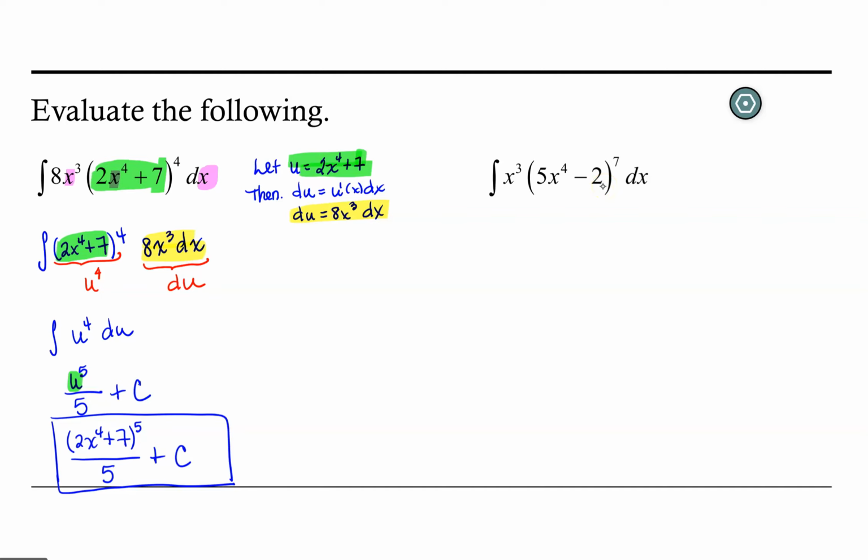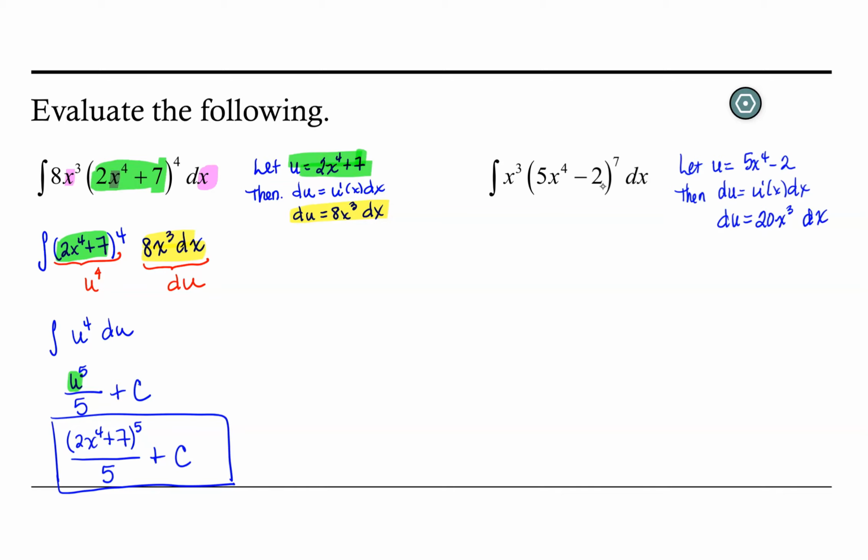So let's be hopeful. Let's hope that we can let u equal that argument, 5x to the fourth minus 2. And if we do that, then our differential du, which as a reminder is u prime of x dx, is 20x cubed dx.